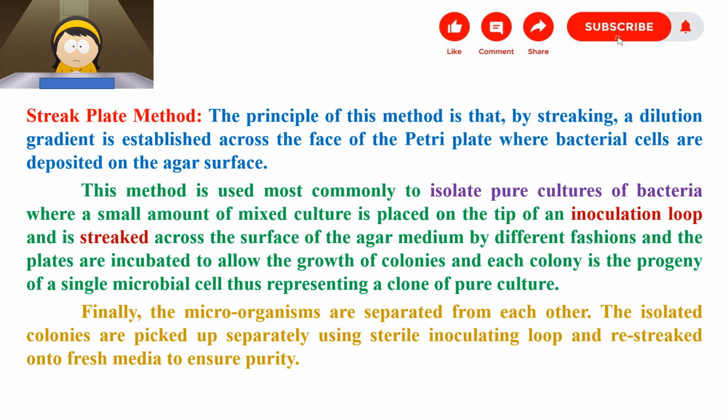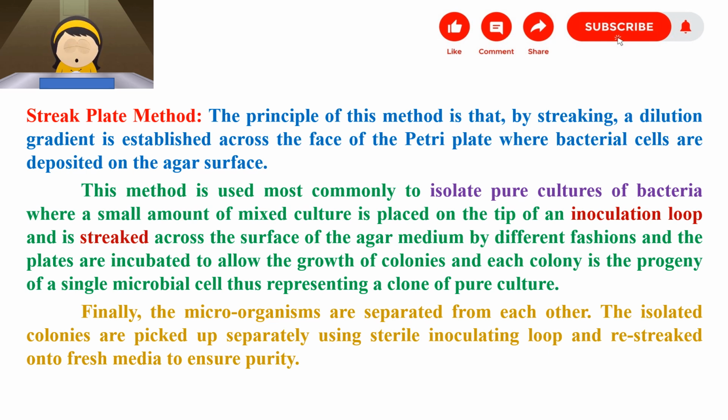This method is used most commonly to isolate pure cultures of bacteria, where a small amount of mixed culture is placed on the tip of an inoculation loop and is streaked across the surface of the agar medium in different fashions, and the plates are incubated to allow the growth of colonies, and each colony is the progeny of a single microbial cell, thus representing a clone of pure culture.